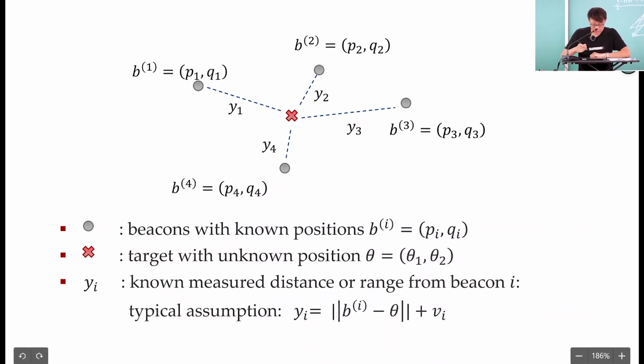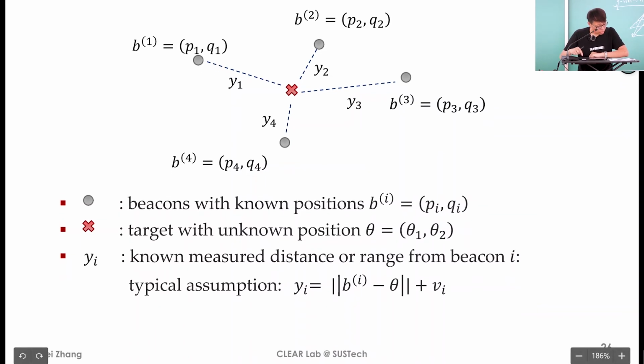In this case, suppose this is my target, and I have a few beacons. I need to know where they are in the environment. I need to put my UWB in this corner, that corner, and know exactly where they are. Then I use their locations to triangulate or find my target.